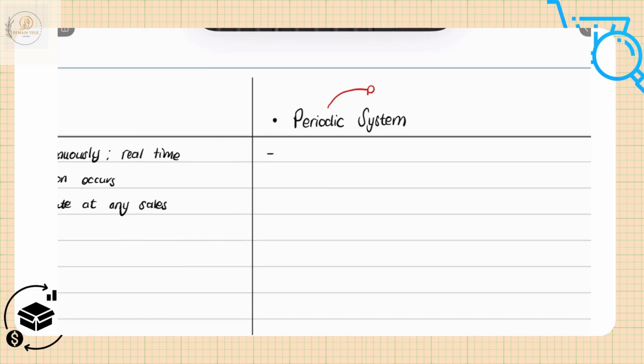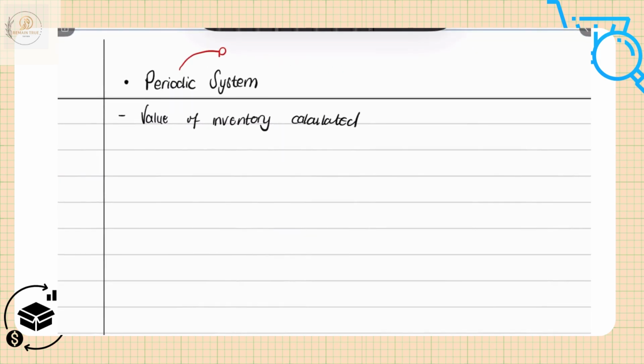So how do we word this? We're saying the value of inventory is calculated at a point in time.